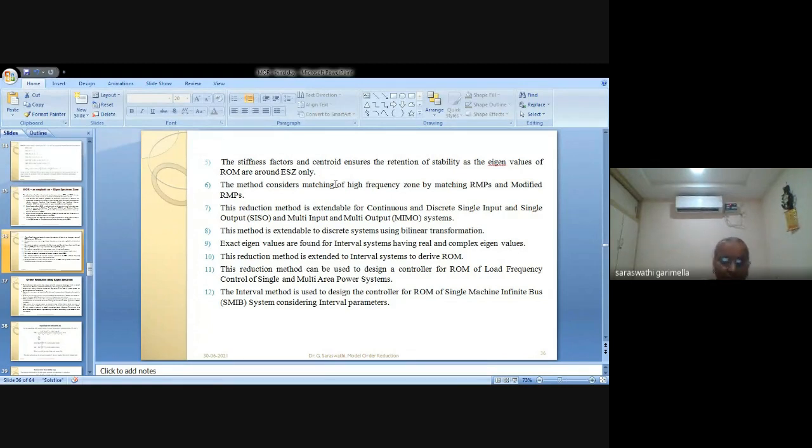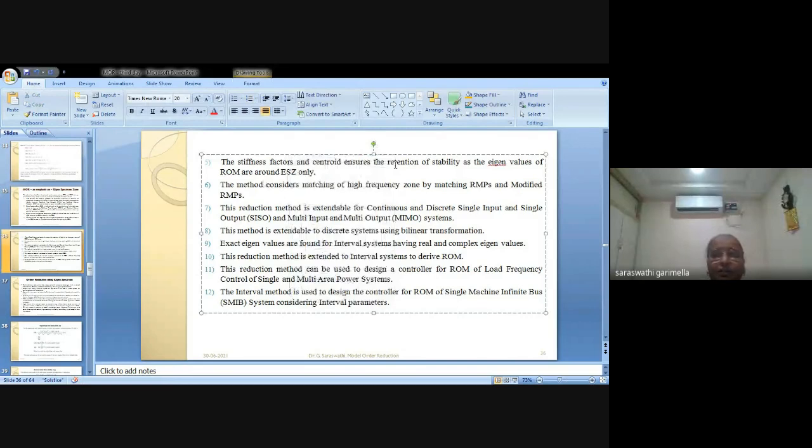So we are considering the centroid as well as the stiffness factor. There is a guarantee of stability, even for that previous ESZ method also. There the stability was retained too, but it was only for real poles. But here everything is considered.